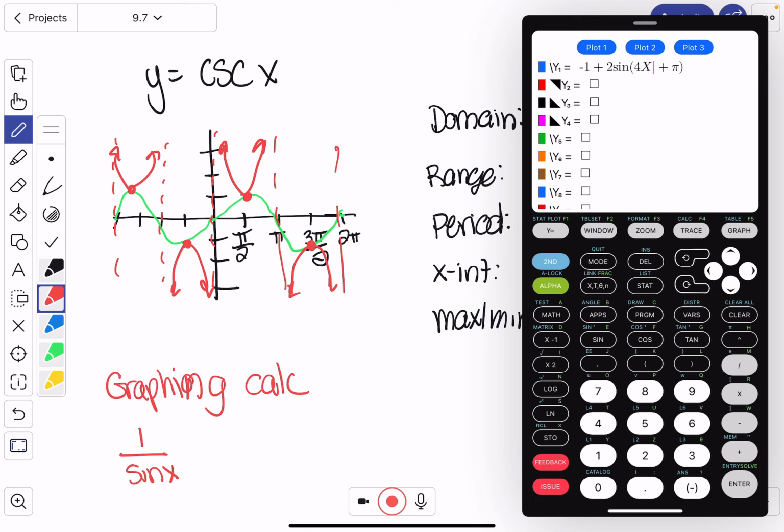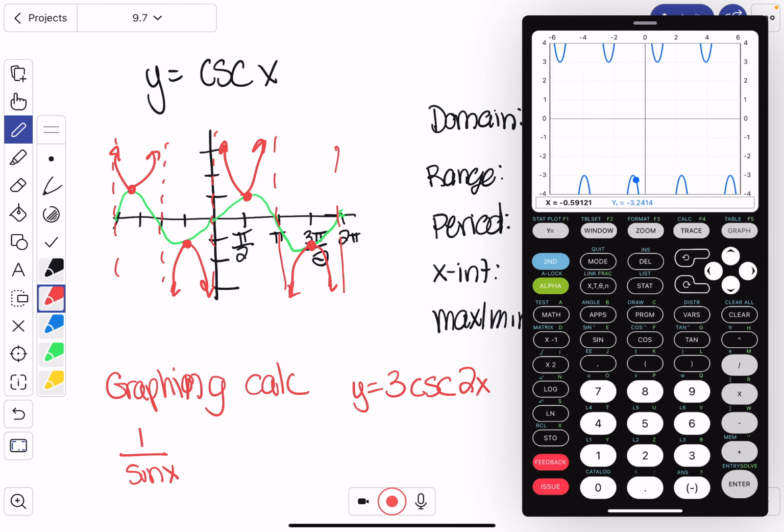If we wanted to graph y equals 3 cosecant 2x, we would do 3 divided by, because it's like saying 3 times 1 over, and then cosecant is sine of 2x, and then we graph. And now we see they're 3 apart, and it does the curves like that.